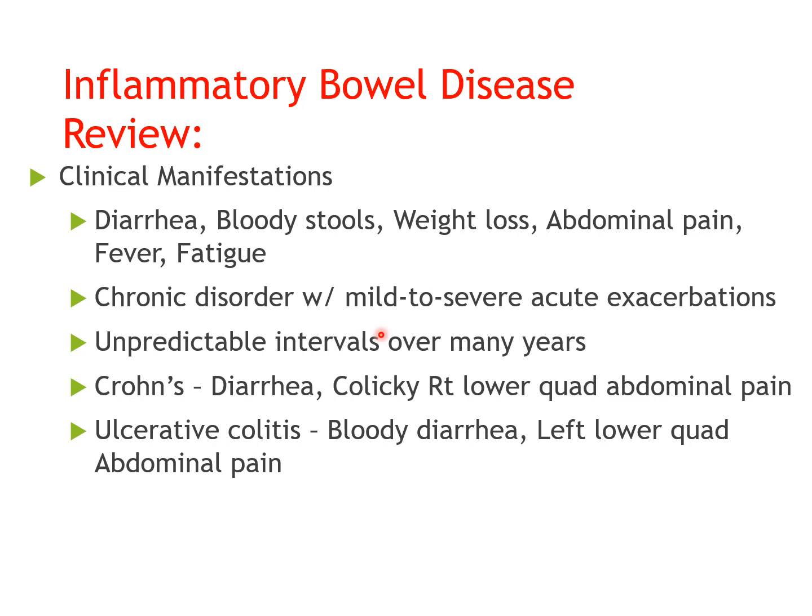Doesn't mean it can't happen with Crohn's, but you're trying to figure out what's unique about each one. So the chronic disorders with mild to severe acute exacerbations and unpredictable courses of disease for IBDs. Crohn's, we've mentioned diarrhea, colicky, right lower quad abdominal pain. Ulcerative, we've mentioned bloody diarrhea, left lower quad, and abdominal pain going on there.